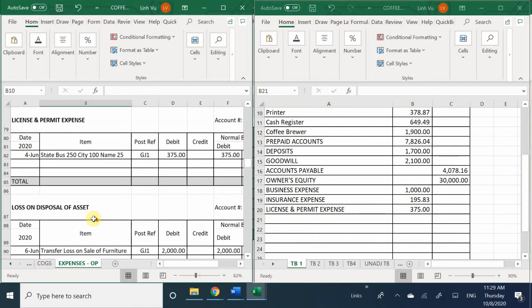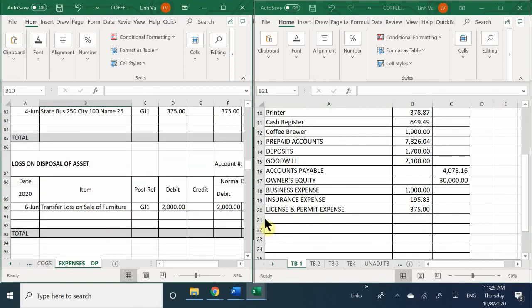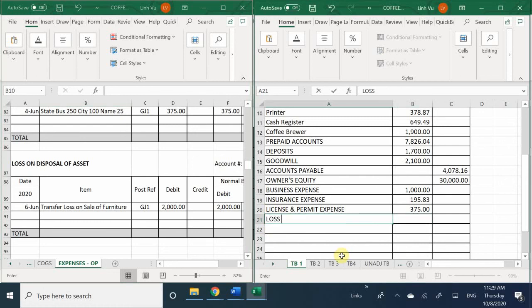Okay. What about loss on sale of asset? Oh wait, I think it's loss on disposal of asset. Yes, I was questioning about that, my question a while ago. All right, and for how much? 2,000 debit. 2,000 debit. Good.